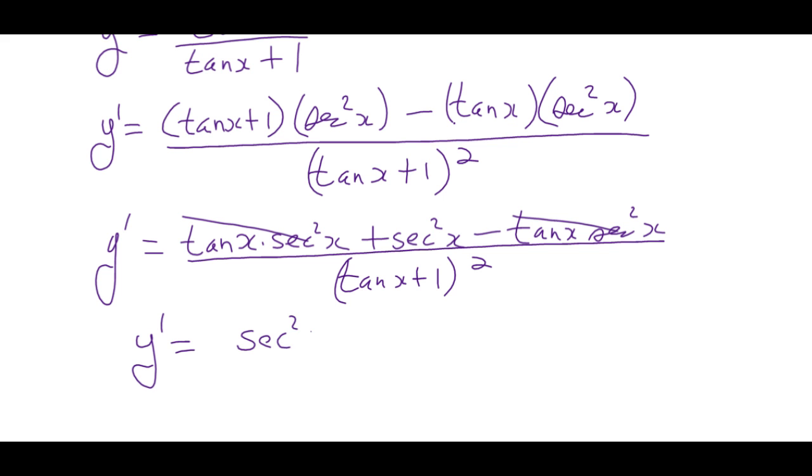So we get secant squared x over tan x plus 1 squared. So just a little quotient rule, a little derivative of tan, right? What's the derivative of tan?